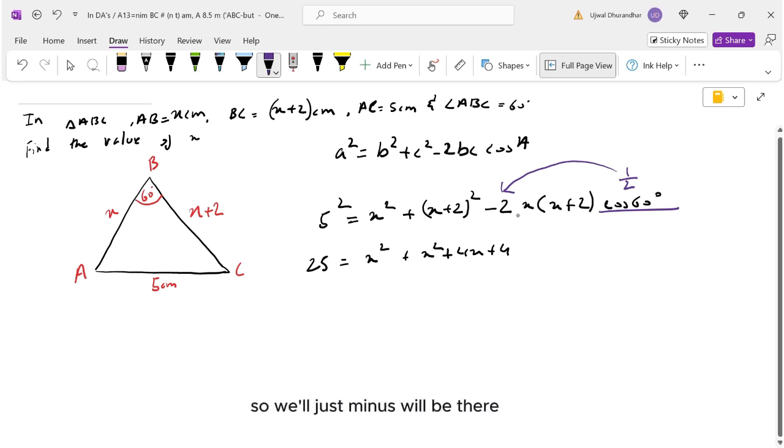So the minus sign will be there, we just have to cancel this out.